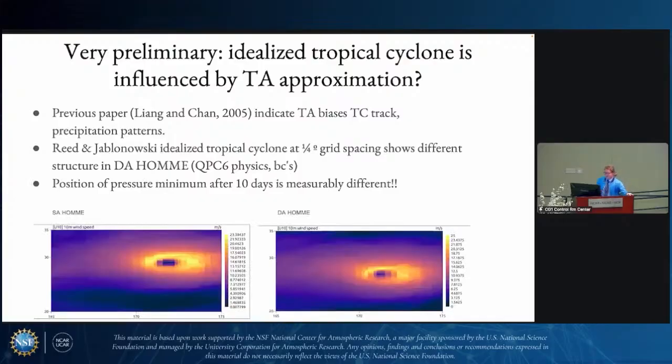What you find if you run this for 10 days is that the position of the pressure minimum, here I'm showing wind speed, but you can see that the longitudinal axes ranges are the same, differs by about 2 degrees in the center of the idealized tropical cyclone. And the only difference between these two simulations is the deep atmosphere dynamics.